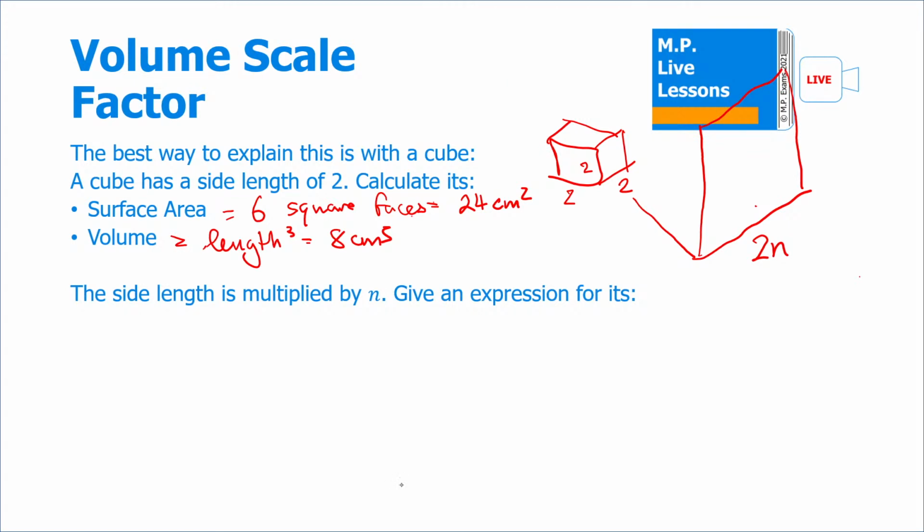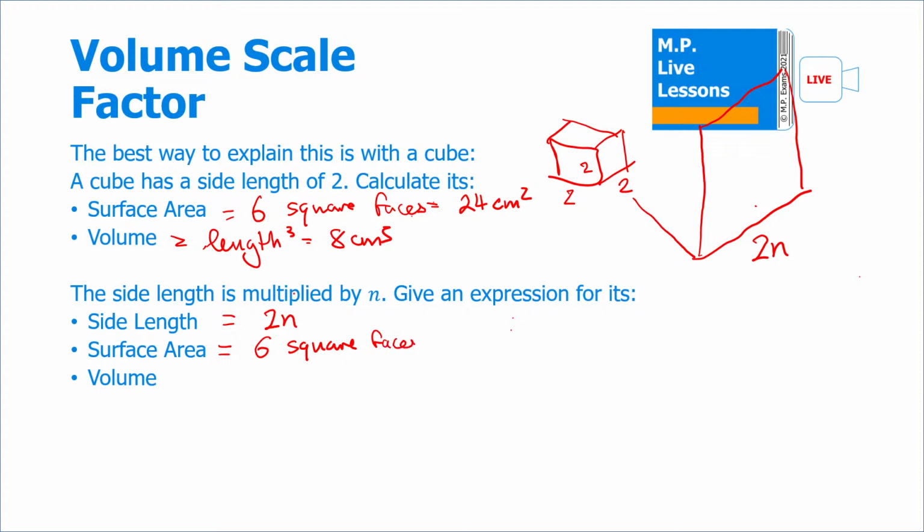So give an expression now for its side length, surface area, and volume. The side length is just multiplied by n, so 2 times n, so 2n. Our surface area now is 6 of our square faces. Each square face is 2n squared.